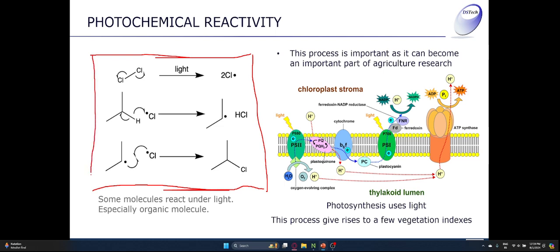Sometimes it changes the structure of the molecule itself. For example, here we have dichloro. Because of light, it divides into two, and reacts with the alkane, and this alkane gives out this sort of organic molecule. This is how the reaction of light works with some molecules.